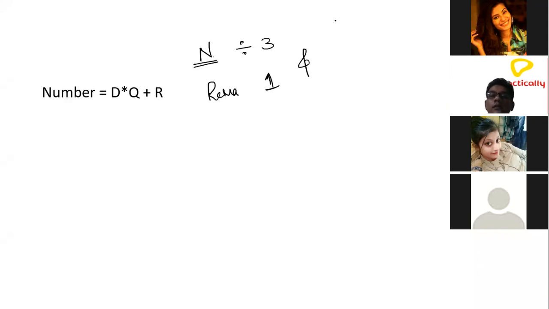And when I divide by 5, it gives me a remainder of 1. So I am talking about one number which when divided by 3 gives me a remainder 1, and when divided by 5 gives me a remainder 1. Can you guys tell me the numbers that exist?